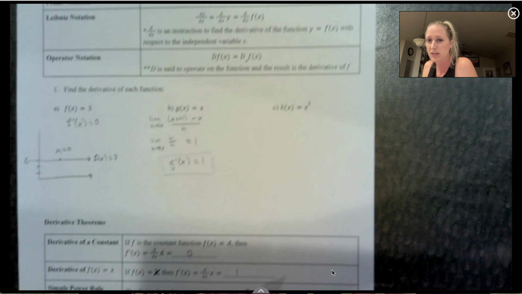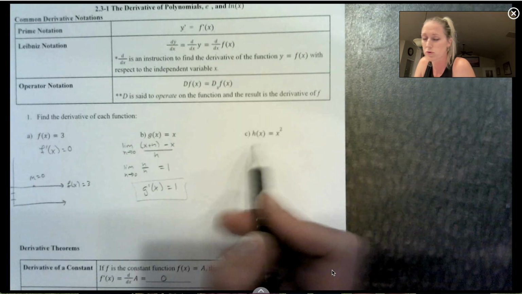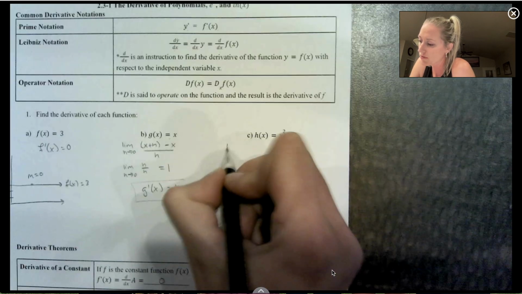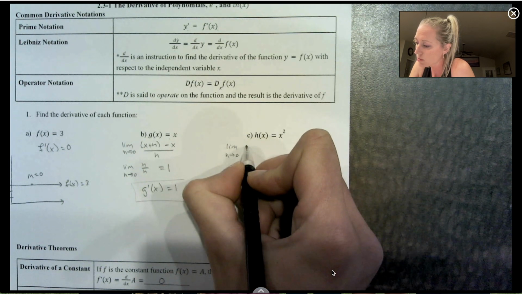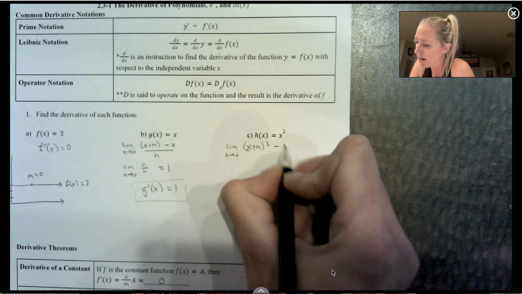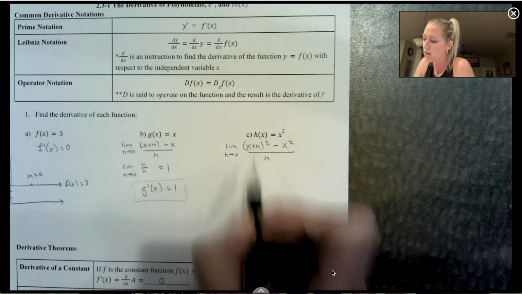We actually have something kind of similar when I raise something to a power. So let's do our longhand definition and then hopefully we'll see what the pattern is. So we're going to find the limit as h approaches 0 of f of x plus h, so that's going to be x plus h squared in this case, minus f of x, sorry, x squared in this case, over h.